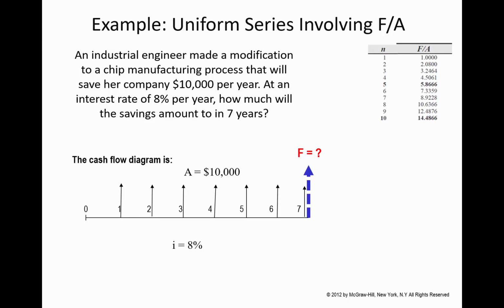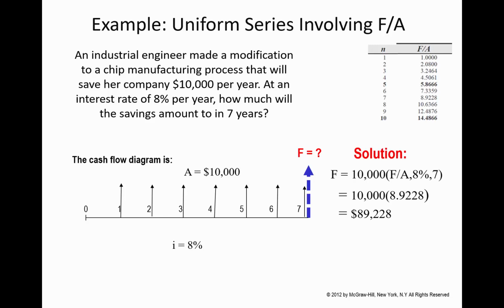It's saying if you know you're going to have additional revenue in the amount of $10,000 per year because now your operations costs are less than they used to be, what is the lump sum equivalent of that in the 7th year? And so this is find F given A. And so what we have to do is multiply that by the F/A factor for our 8% table.